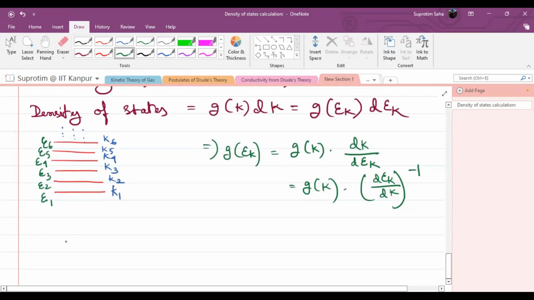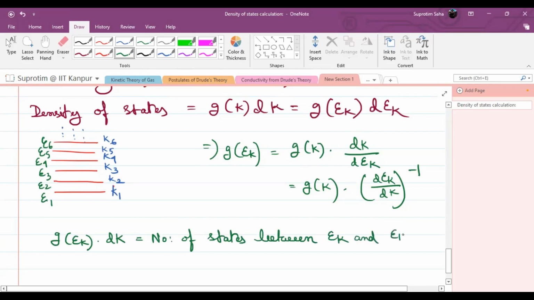So your g(epsilon k) d epsilon k is the number of states between epsilon k and epsilon k plus d epsilon k per unit volume.